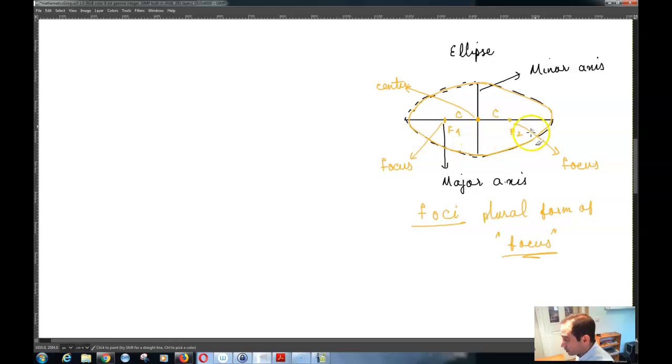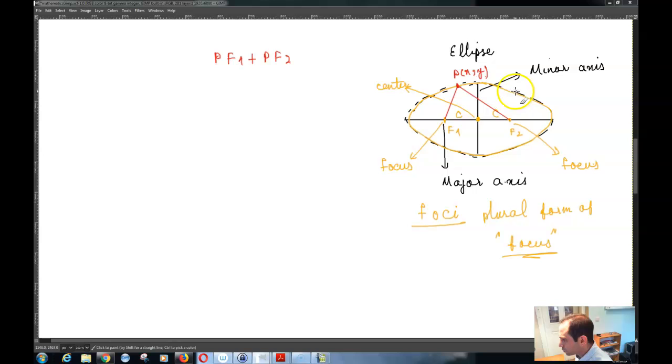And the definition of an ellipse is this: if you pick any point on the ellipse, meaning on this closed curved path over here, call it, for example, P of x comma y, then the distance of this point P to the first focus plus the distance of the same point P to the second focus, meaning PF1 plus PF2, remains constant wherever you go on the ellipse.